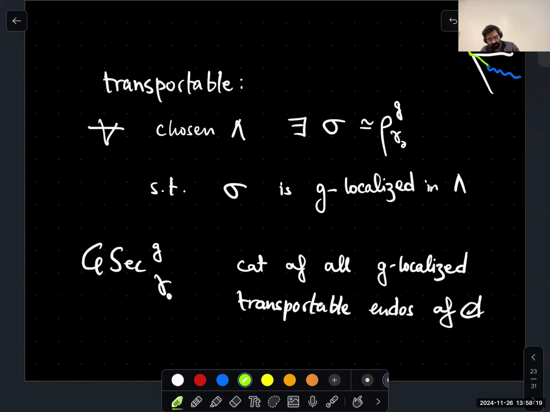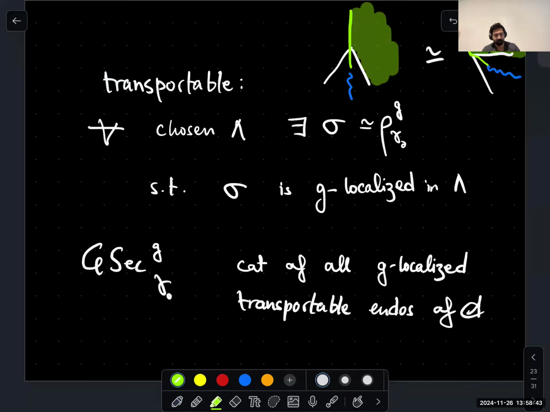And there's still some symmetry thing going on over here that is isomorphic to the previous lambda that we had. So it's like the usual notion of transportable, but you have just G localized tacked on at the end.